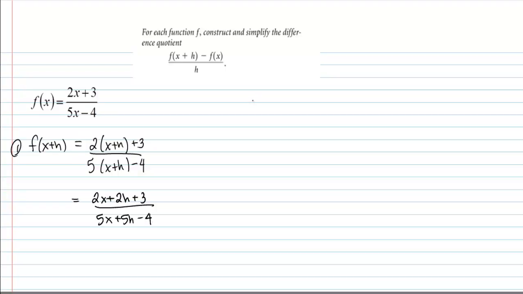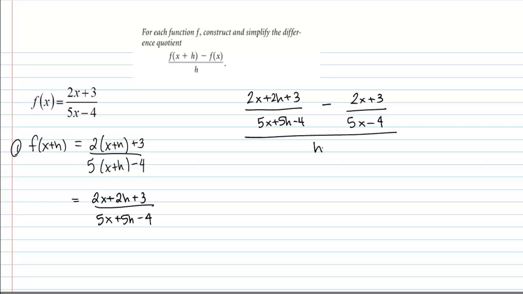So I want to take f of x plus h, subtract it from the original function, and then divide it by h.